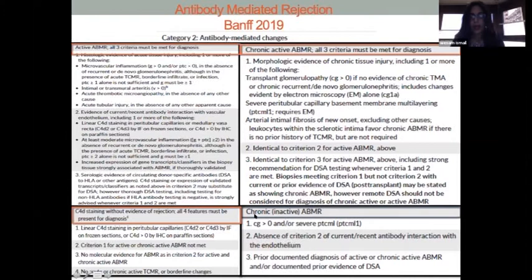And then we have the chronic inactive antibody-mediated rejection, and this is a new diagnostic category which was not present in the previous Banff classification. So the previous Banff classifications only included the active, the C4D staining without evidence of rejection, and the chronic active ABMR, while the new one in 2019 has integrated the chronic inactive antibody-mediated rejection.